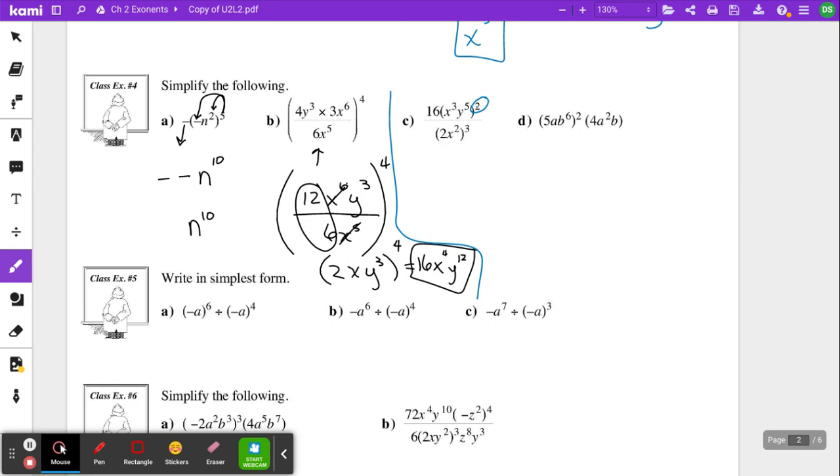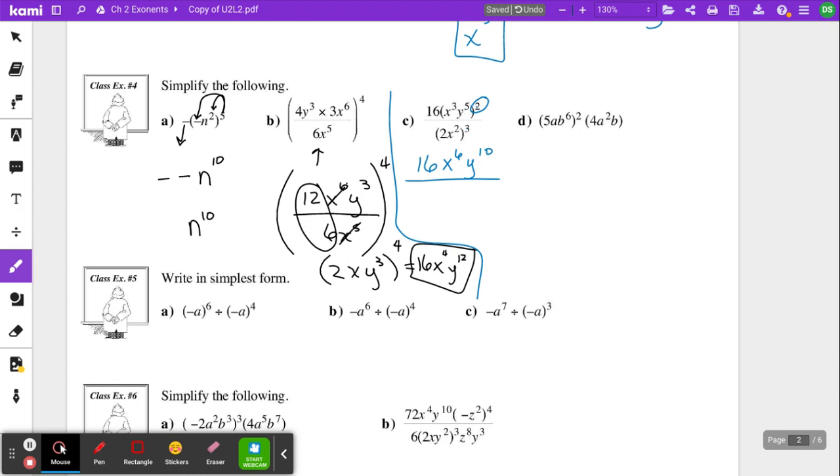So the 16? Yes. No. Yes. Why not, Summer? Right. The 16 is not in the bracket, so you're right to question yourself. That was good. So we got 16 alone. It does not get affected by that 2, because the brackets aren't around the 16. So now this becomes x to the 6, y to the 10 on the bottom.